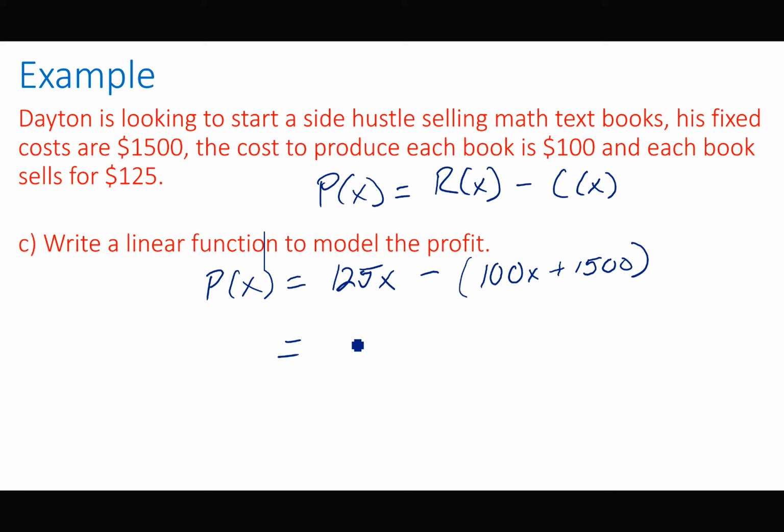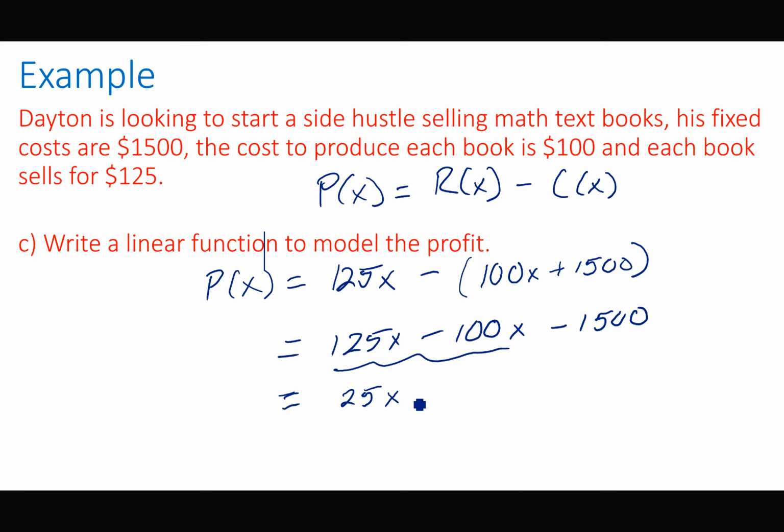And so really this is 125X minus 100X minus 1,500. We can combine like terms from those. So we just end up with 25X minus 1,500. That is the profit function.